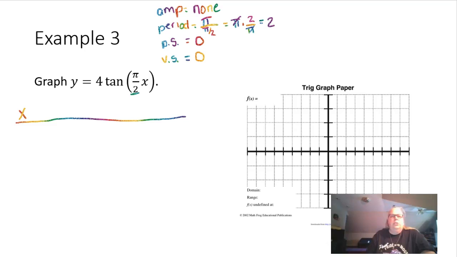Okay, I'm going to start at 0 because there was no phase shift, and then we're going to finish at 2 because that was the period. Halfway in between 2 and 0, that's 1. Halfway in between 0 and 1, that's a half. And halfway in between 1 and 2, that's 1 1/2 or 3 halves.